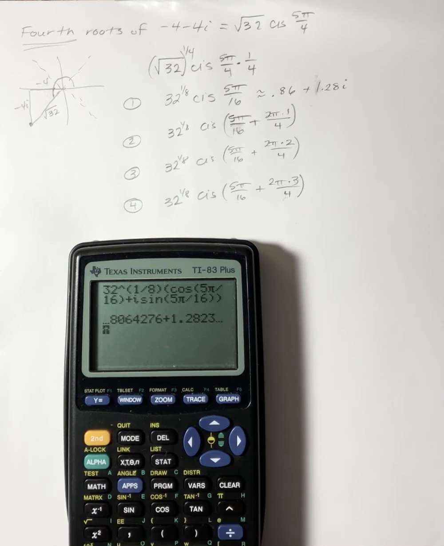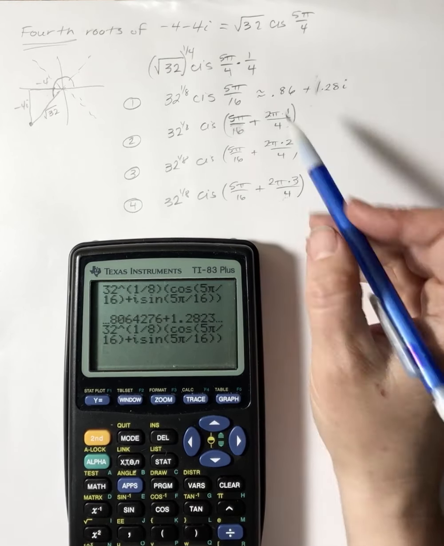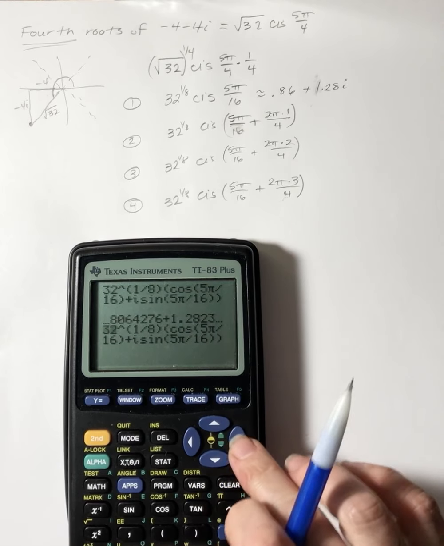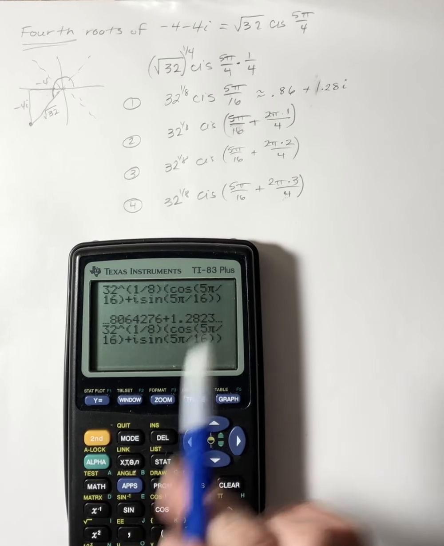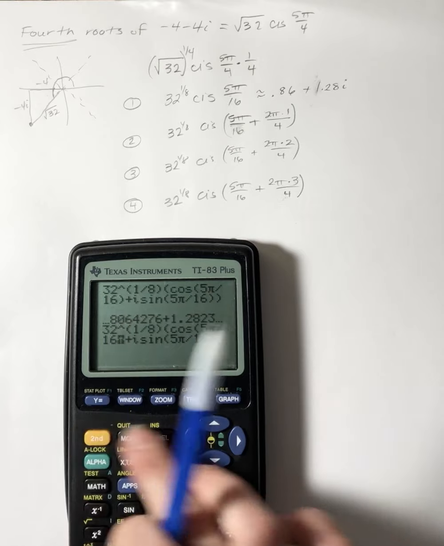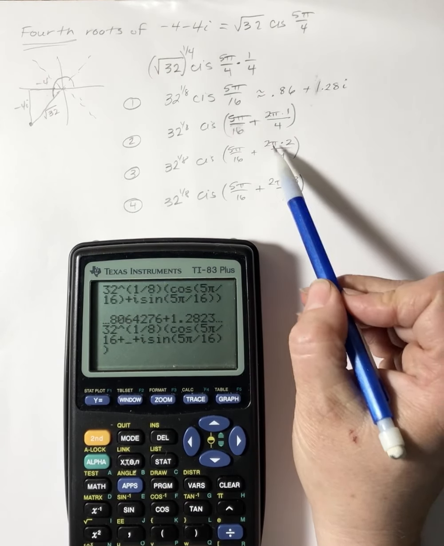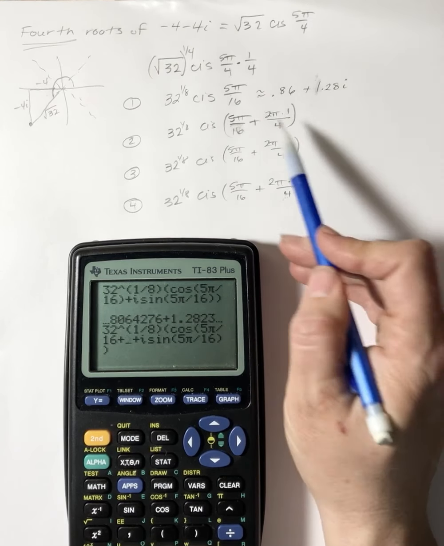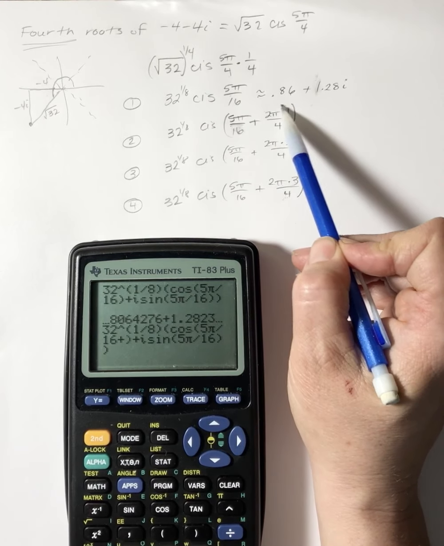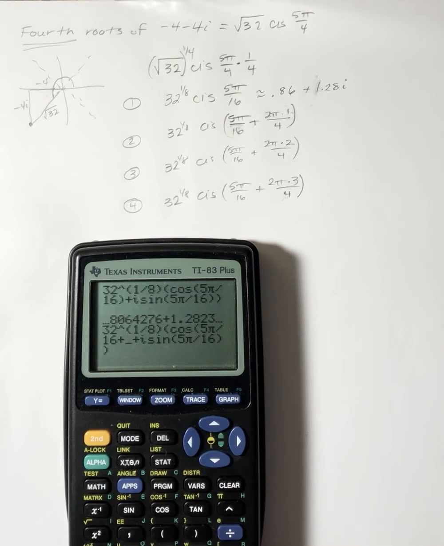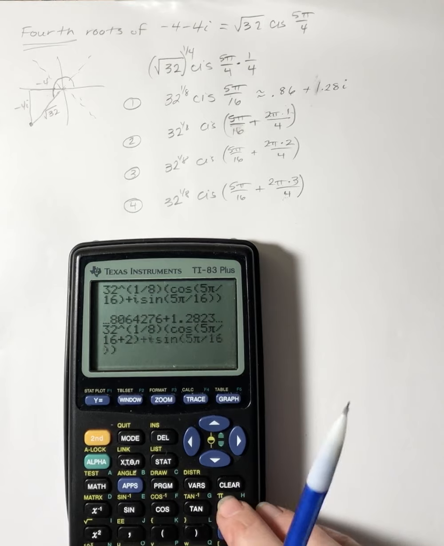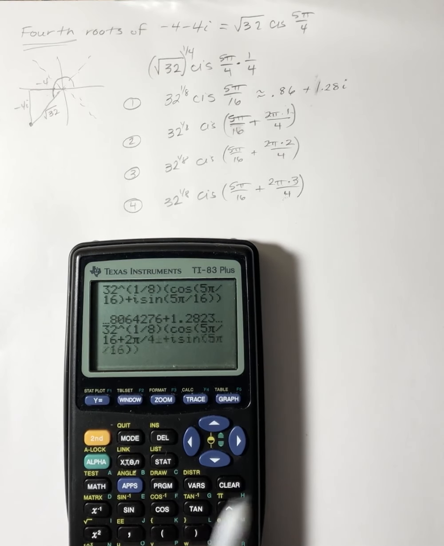Now I'm going to go second enter in my calculator, and I'm going to come back up here, right here, and I'm going to go second insert plus. I'm just going to put 2 pi. So I'm going to do 2 pi divided by 4.